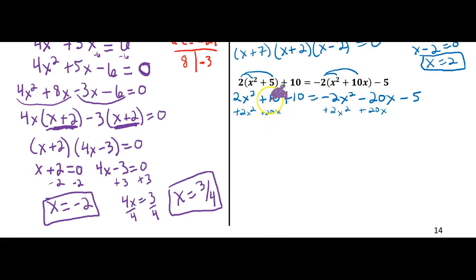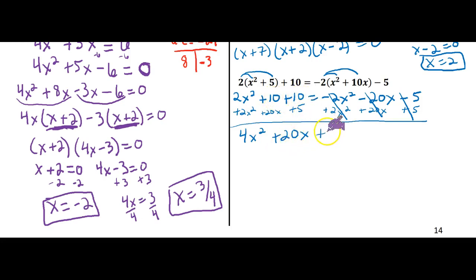They're not like. I'm just putting it over here on the left. And then adding 5 to both sides. So these are all 0. And on the right hand side, I now have 4x squared, a positive 20x, and then 10 plus 5 is 25, equaling 0, because this was all 0 over here.